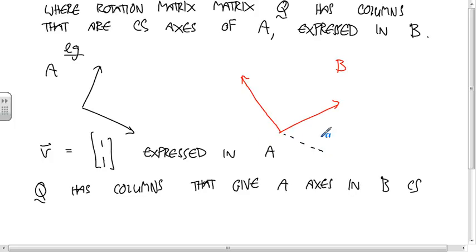So let's say that this is 45 degrees, okay? This dotted line is lined up with the x-axis here.